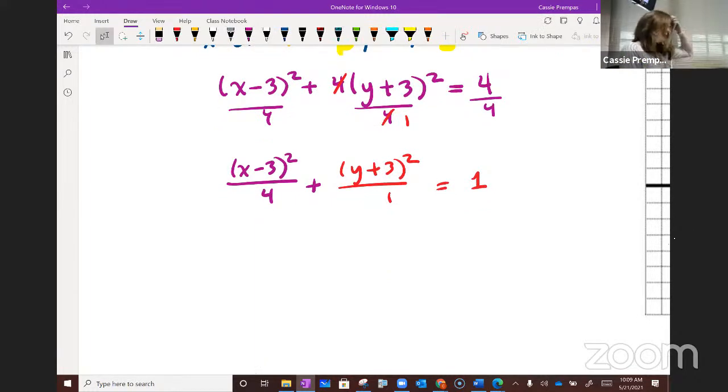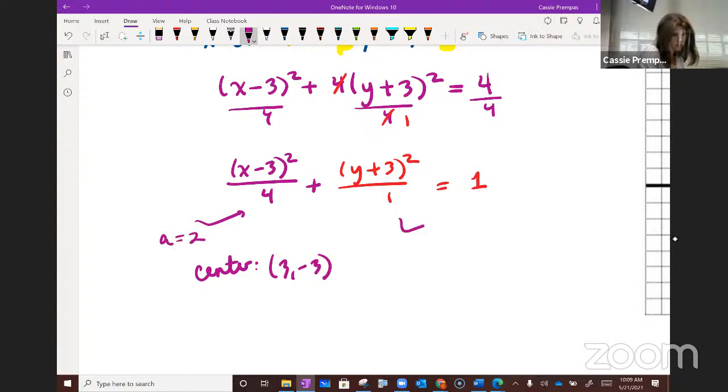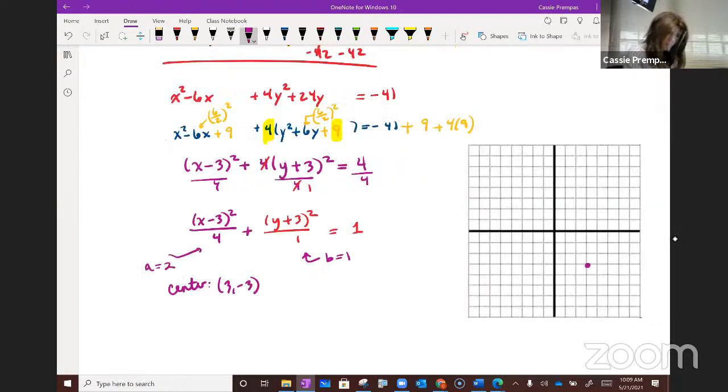Now, on your own, see if you can graph this, and then we'll check it up here at the screen. All right, guys, go ahead and take a look.